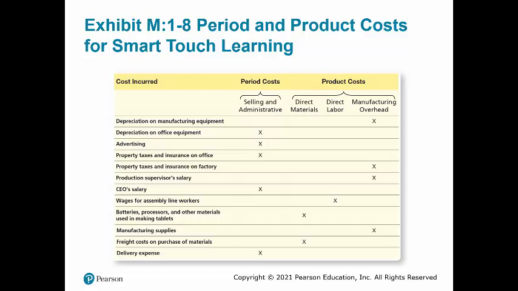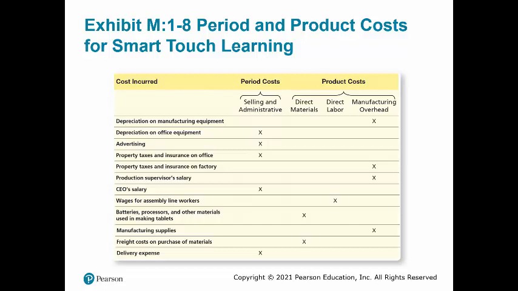We have freight that we have to pay when we purchase those direct materials, those raw materials. Any freight in on those raw materials would be considered to be part of the cost of the materials and would be part of the product cost. But any delivery expenses that are involved in shipping our products out to our customers, that is considered to be a selling and administrative expense and would be a period cost.